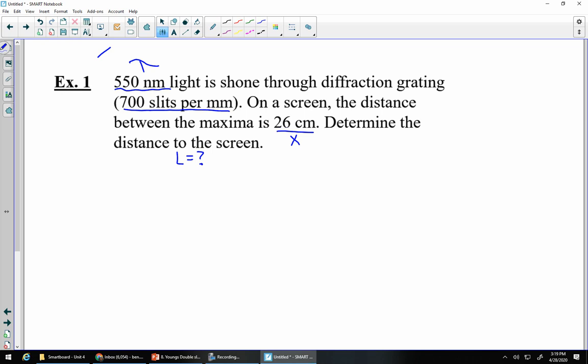Something that's going to help us out big time with this is a diagram that actually looks good and makes sense. So I've got slit 1 and slit 2. Those are my two openings. Now it looks like the light is always coming from directly in between. We've got our central maxima going straight across and hitting our screen.